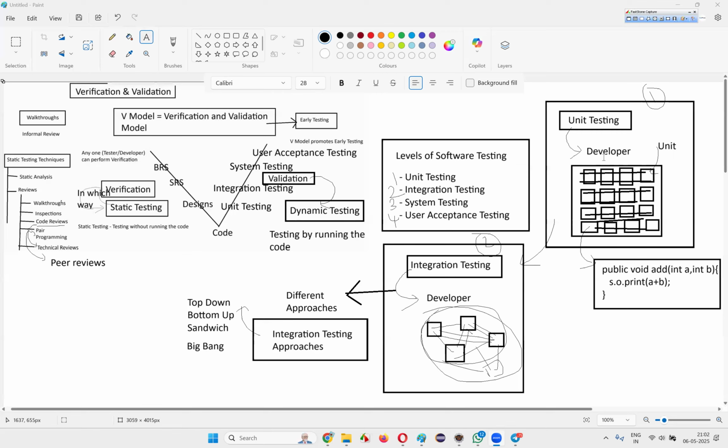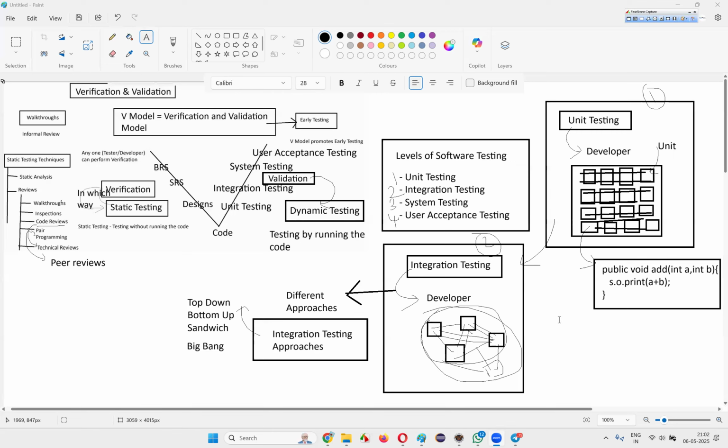Who is performing the unit testing and integration testing? Developers. Now tell me, while performing unit testing and integration testing, will the developer be able to see the code? Yes.